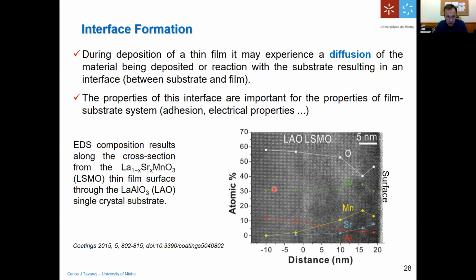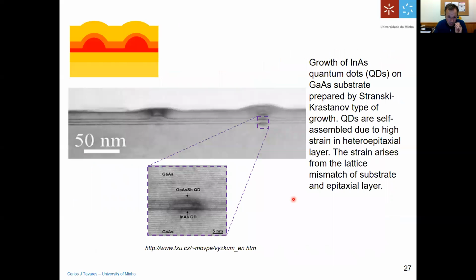Okay, we are seeing the growth of another material which has this kind of ABO3 structure, which in some cases yields a perovskite crystal structure. So during the deposition of a thin film, you may experience diffusion of certain elements, for example, like here, where you actually have some diffusion of antimony, which gave rise to this island growth here, which resulted in this quantum dot, okay?